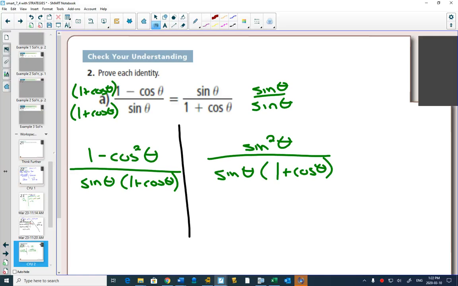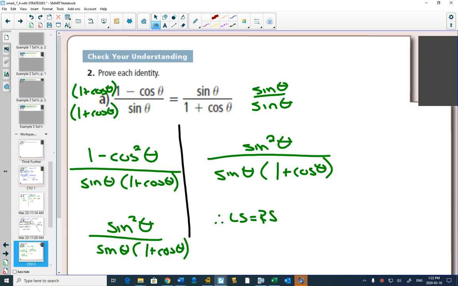So now you're just looking at the 1 minus cos squared. Can you change that to anything? Yeah, you can change that to sine squared. And then you look, and sure enough, we're done.